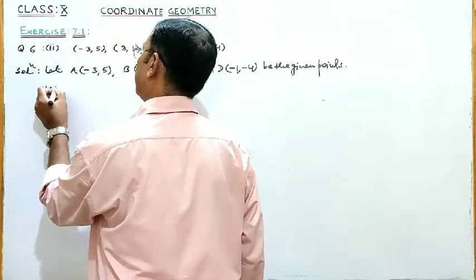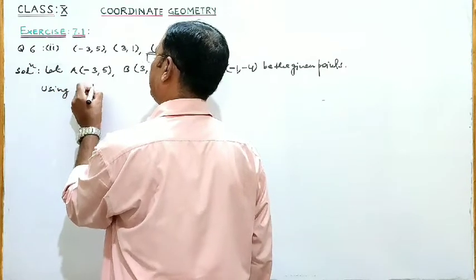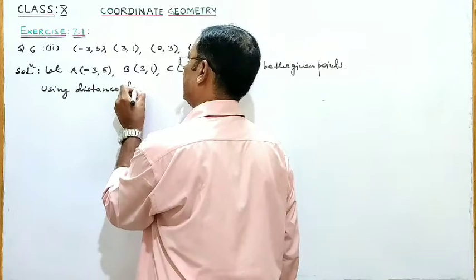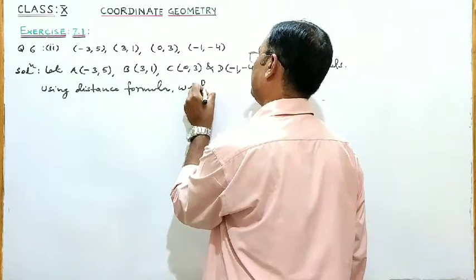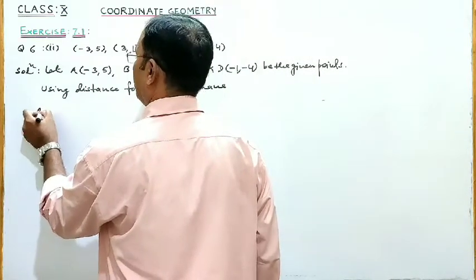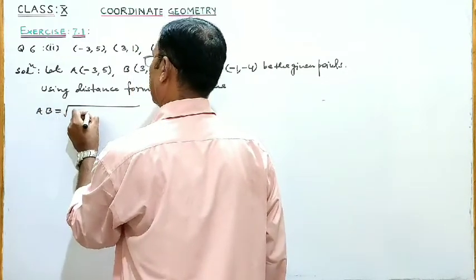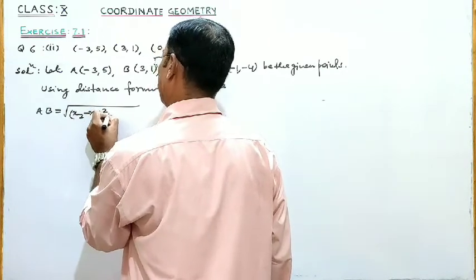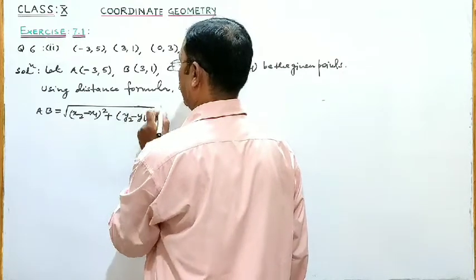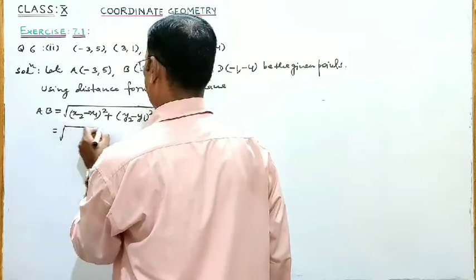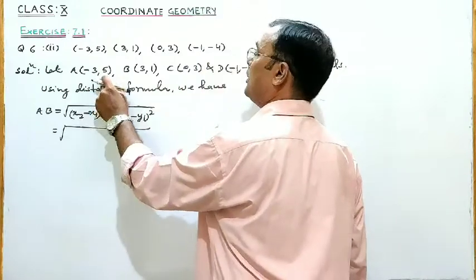So using distance formula, we have AB is equal to under root x2 minus x1 whole square plus y2 minus y1 whole square. Coordinates of point A minus 3 comma 5 are x1 y1.